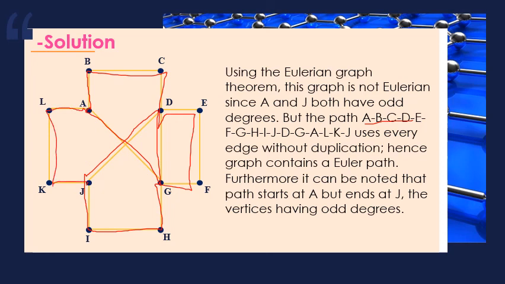So, take note nga nag-start kita sa A and nag-end kita sa J. Wala kita sing duplicate nga side. So, nag-agi lang kita sa kada edge, kaisa lang. Then, pwede natin makonclude that the graph contains a Euler path. Furthermore, note that the path starts at A but ends at J, the vertices having odd degrees.